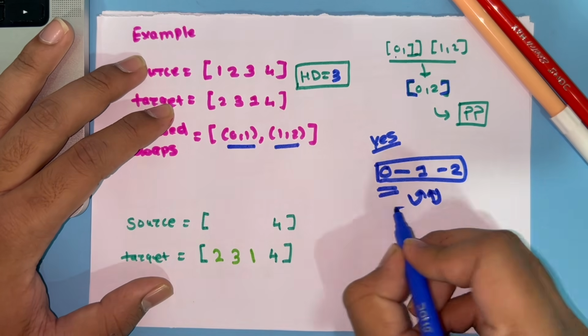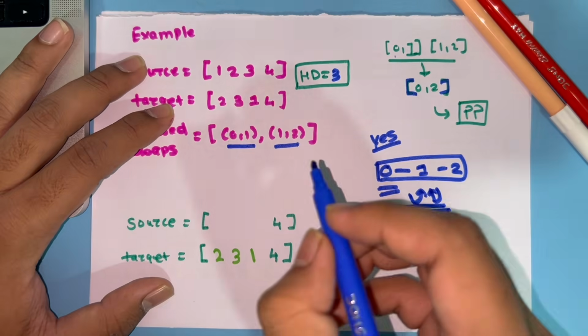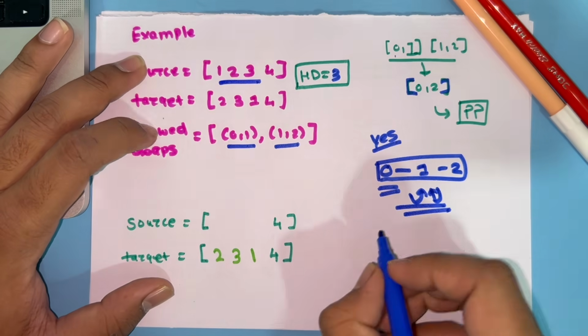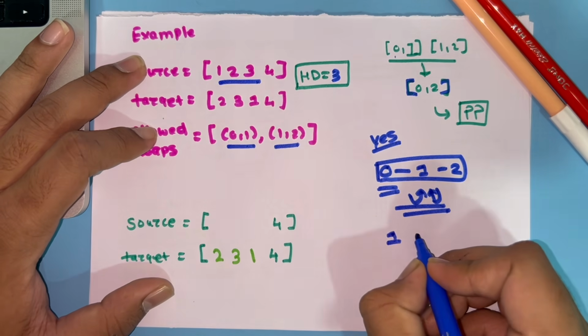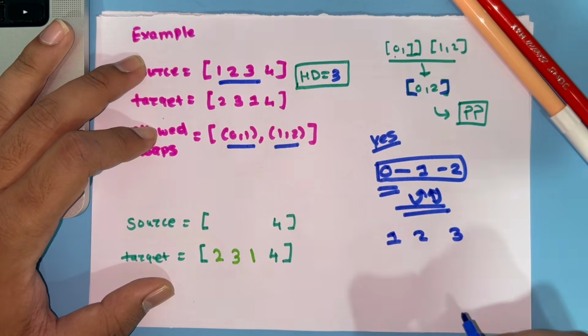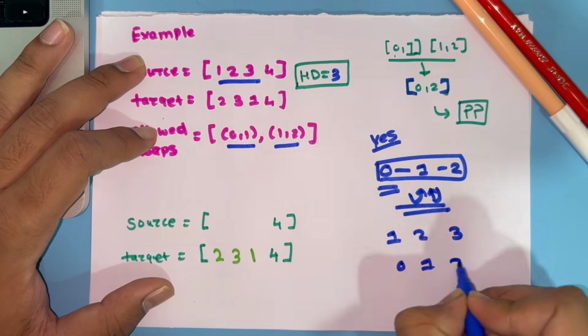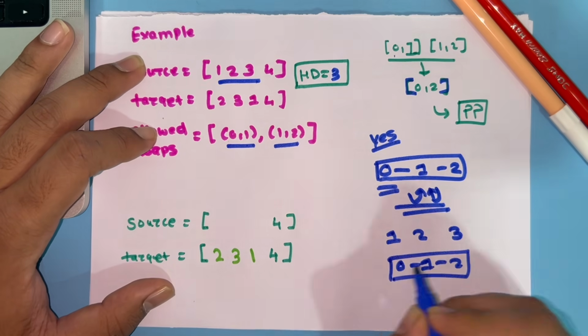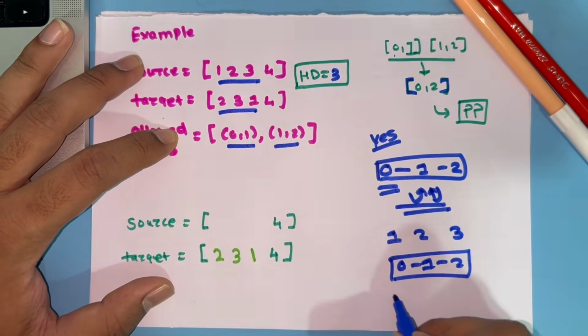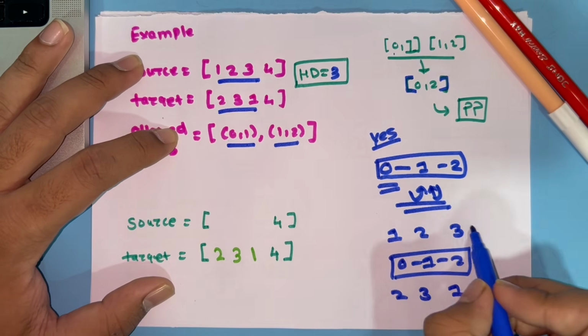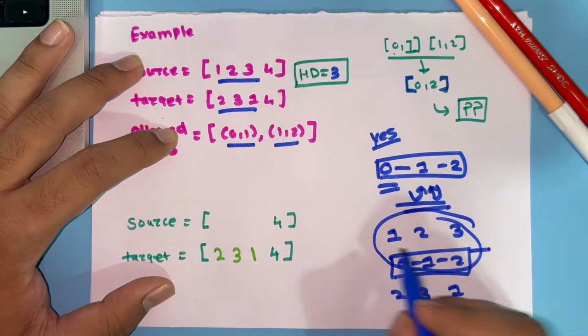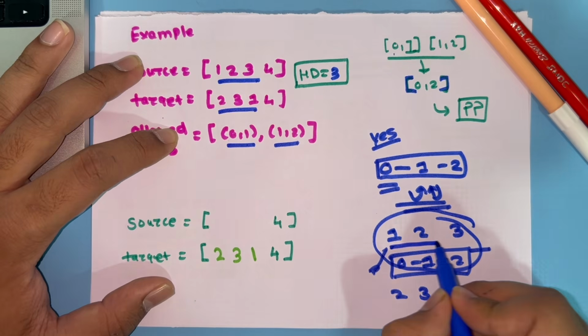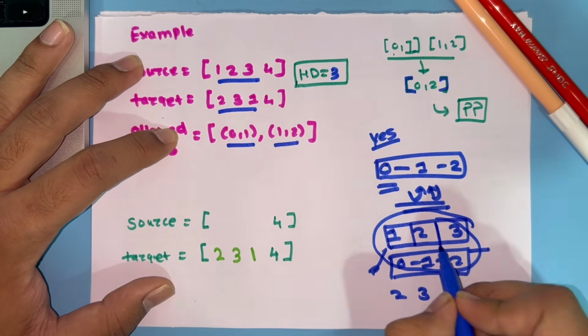So how does this help us? We can consider this example. At the 0th position we have 1, at the first position we have 2, and at the second position we have 3. Now 0 1 2 have formed a group together, and in the target array we have 2 3 1. Using this group we can change the positions in the way which we want to.